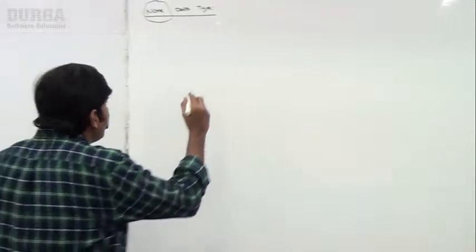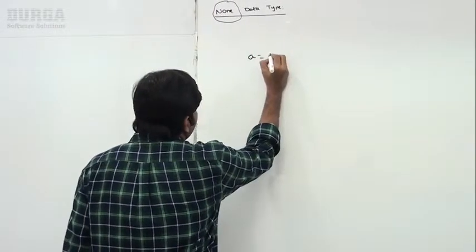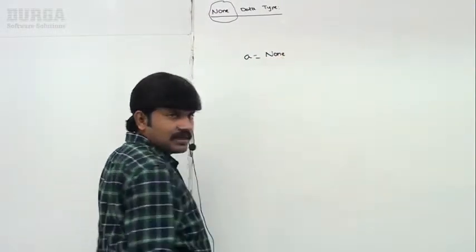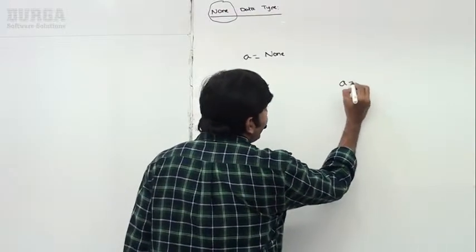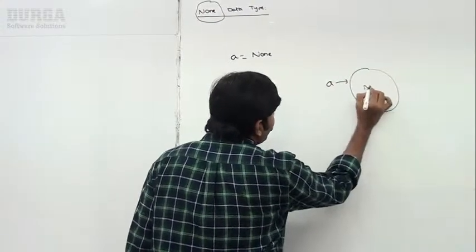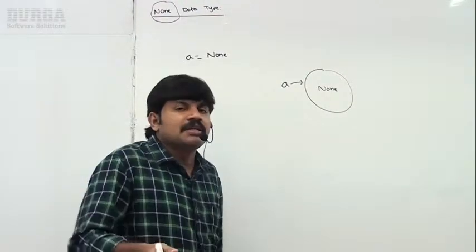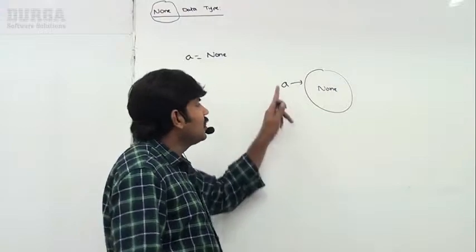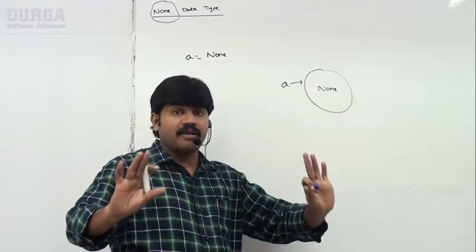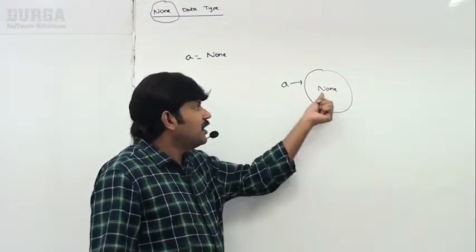Best example, a is equal to None. Now a is pointing to the None object, so it is indirectly not pointing to any official value. No value means None.